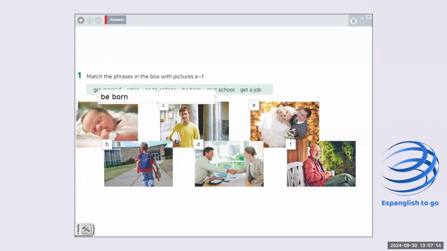But the sentences we will usually use with be born have to be in the past. So you will say, for example, the past of be was. I was born in December 1979.